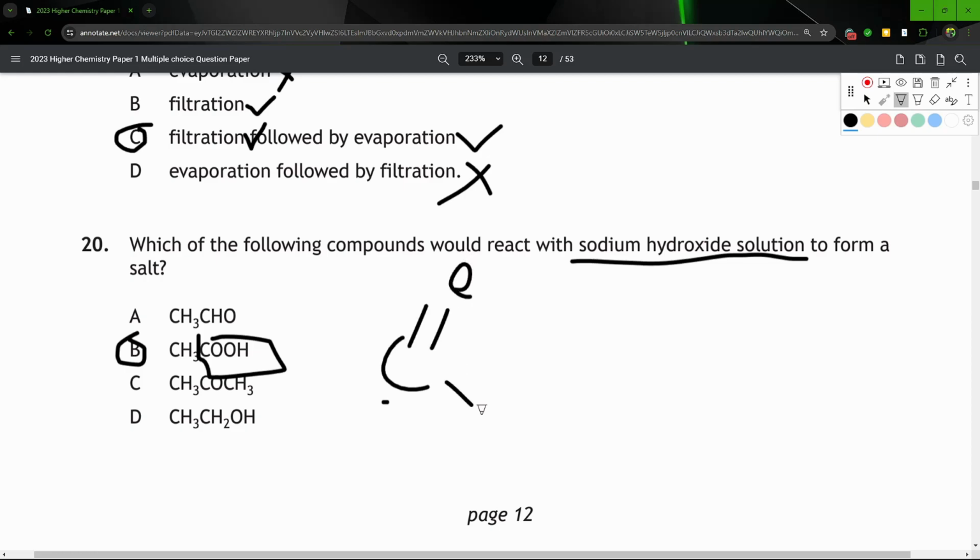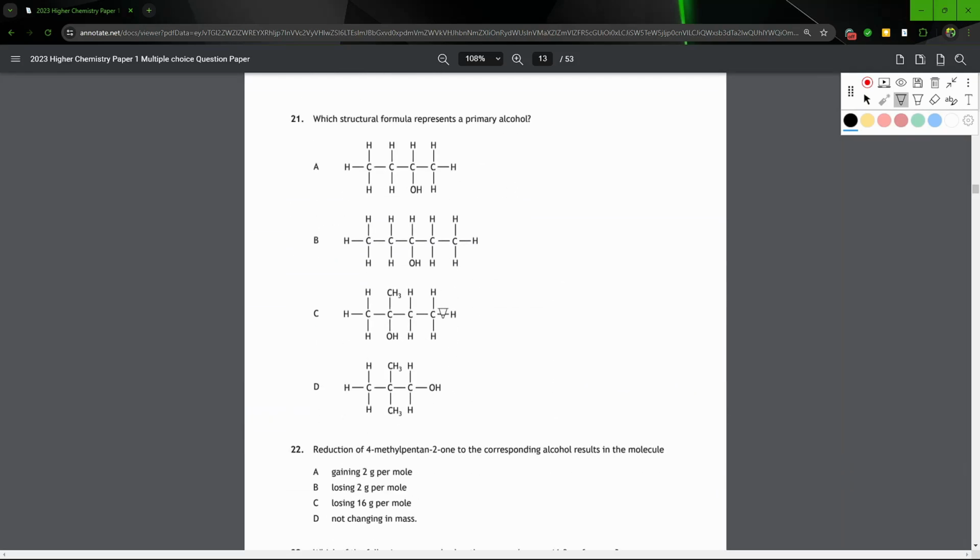It's a carboxylic acid group, and as the name suggests, it makes stuff acidic, because this molecule makes H plus ions, which makes things acidic. All the rest here are not acids: that's an alcohol, that's a ketone, that's an aldehyde. Only this one is an acid, and then you could make a neutralization reaction to form a salt.